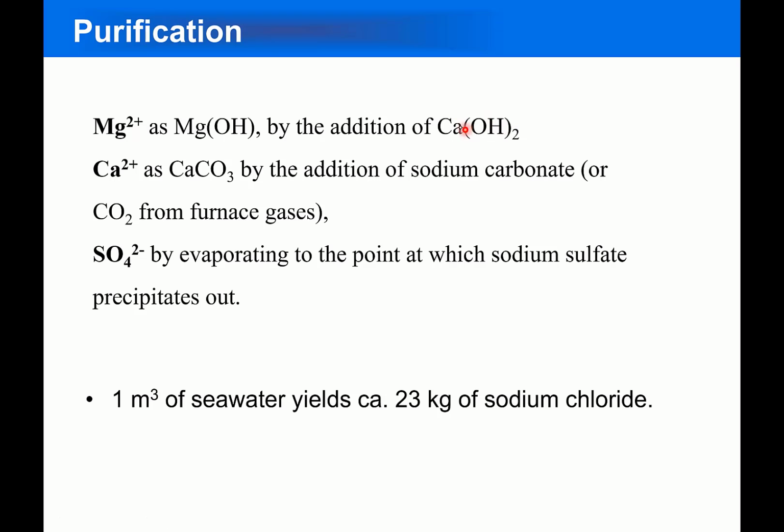If you add calcium hydroxide, for example, it's going to get rid of any remaining impurities of magnesium ions. And then the remaining calcium ions can be precipitated as calcium carbonate by adding sodium carbonate into the mother liquor or adding carbon dioxide directly from furnace gases. And sulfate can be removed by concentrating the solution to the point that sodium sulfate precipitates out and leaves the mother liquor free of sulfate ions. It's typical that 1 cubic meter of seawater gives around 23 kilograms of sodium chloride.